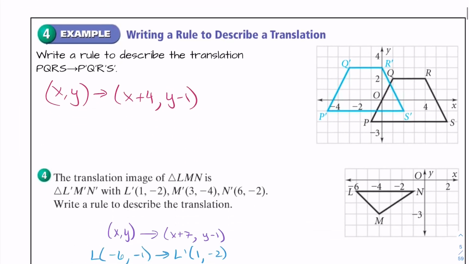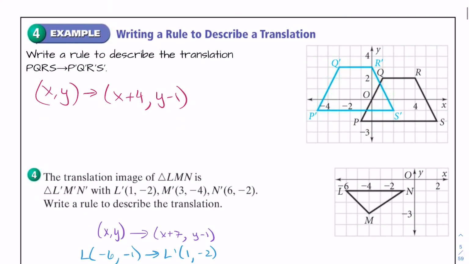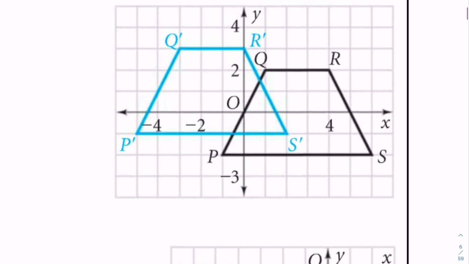Okay? This next one, describe the translation rule from PQRS to P prime, Q prime, R prime, S prime. So in this case, we went to the left, so x minus 1, 2, 3, 4 units, and then we went up 1, so y plus 1.